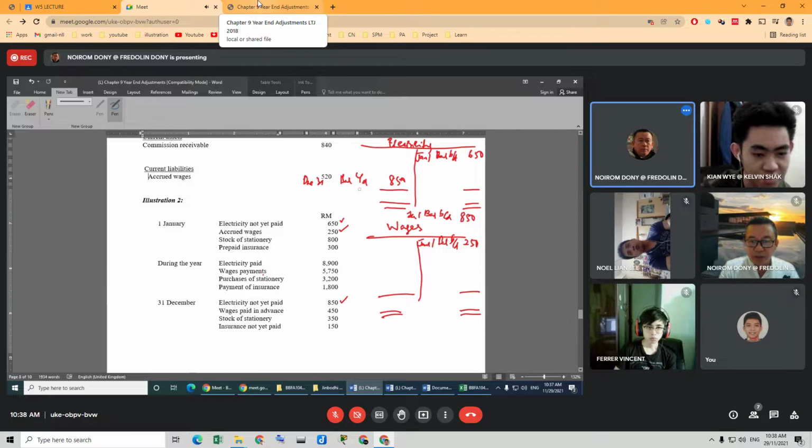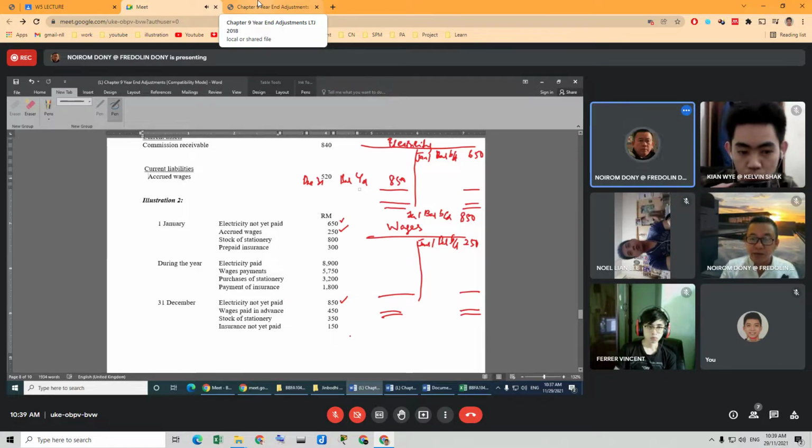And what about wages? Wages is different. Paid in advance. So paid in advance, in advance means prepaid. Prepaid means the expense is being paid in advance, isn't it? So the wages is not being consumed yet, but the business already made payment. So this money still belongs to the business, it is an asset.